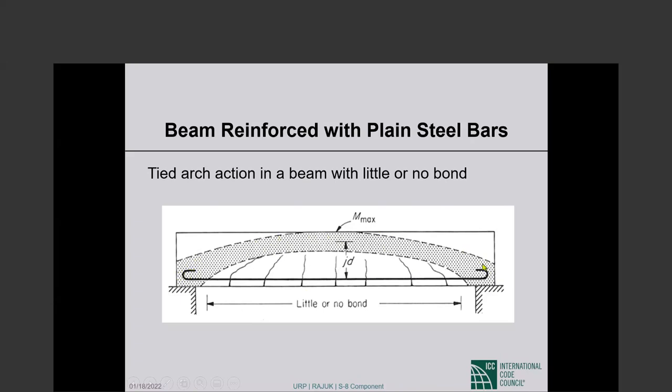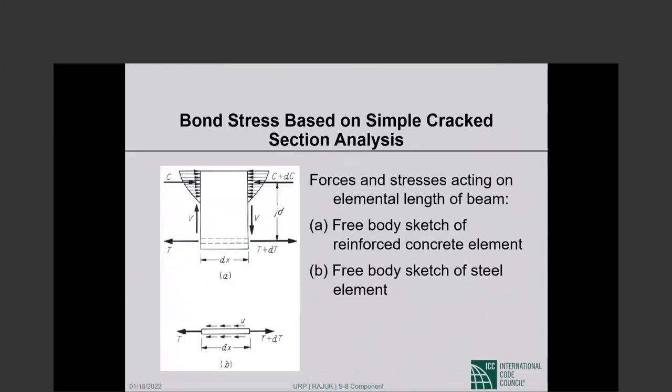The reinforcing bar, if it is hooked, can act as a tension tie, and now it is a tied arch that can go on carrying loads. So the failure of bond does not have to be the failure of the beam if the bars are anchored, as we call it, or in this case, the anchoring is through the hooks.